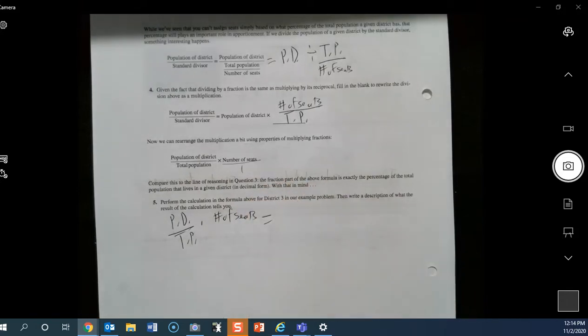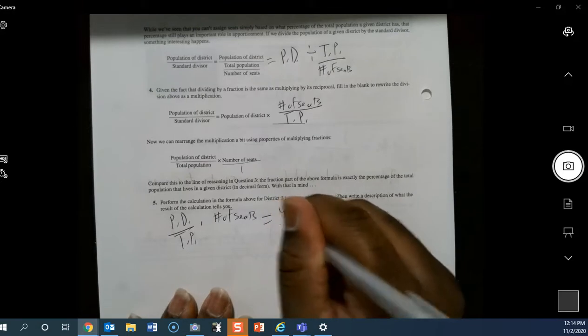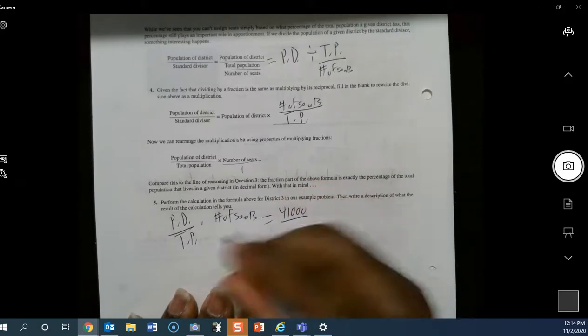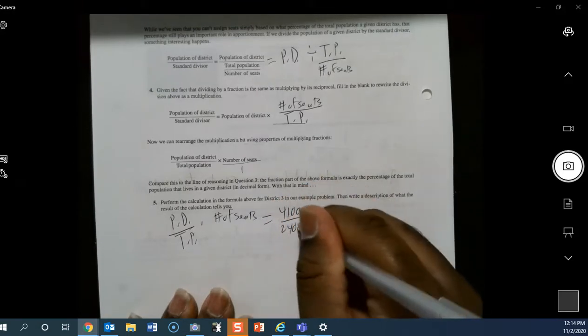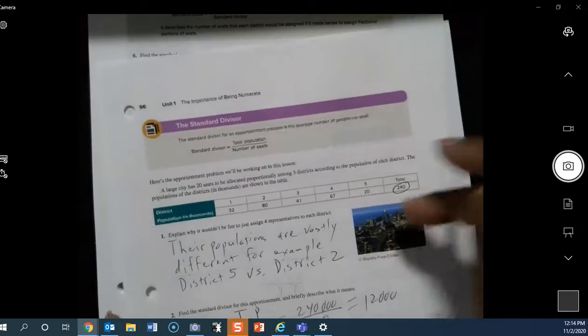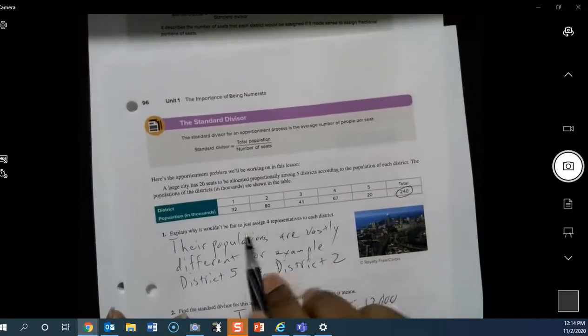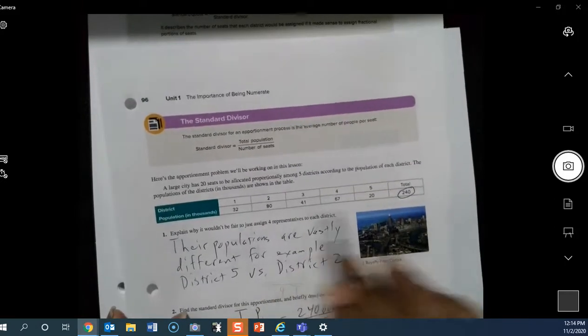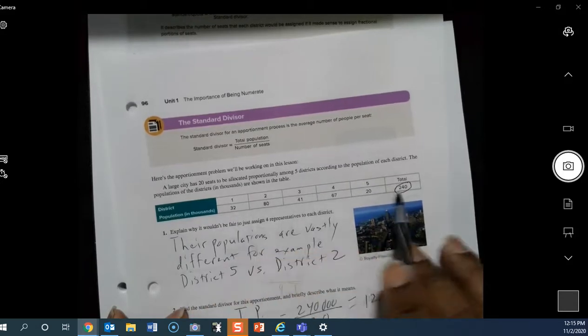So the population of the district is 41,000. The total population is 240,000. Now remember, we're not using this up here. We're going back to the previous page on 96 and using these values here. And remember, the population is in thousands.